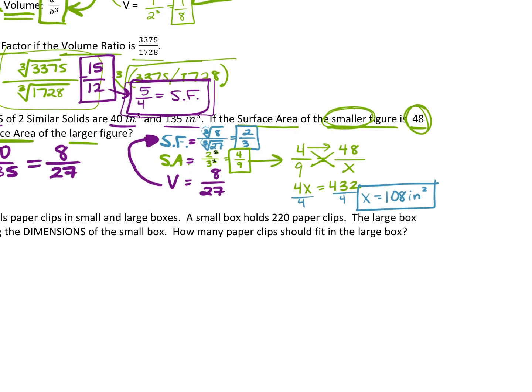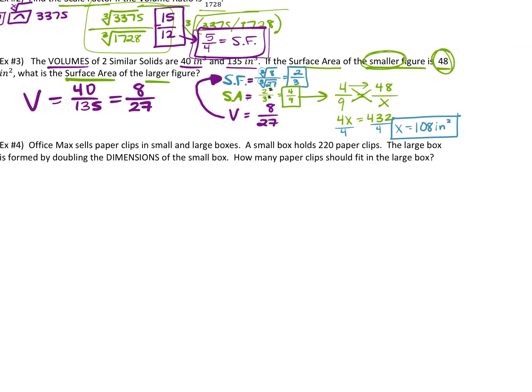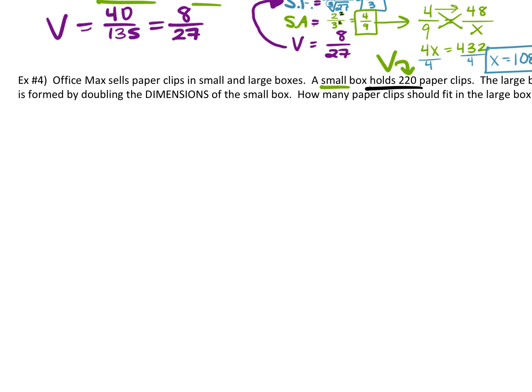Okay, this next one says Office Max sells paper clips in small and large boxes. A small box holds 220 paper clips. First of all, what is that talking about? The volume. Okay, so this is the volume of the small box. The large box is formed by doubling the dimensions of the small box.